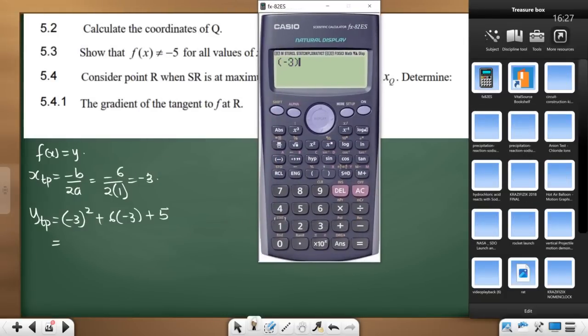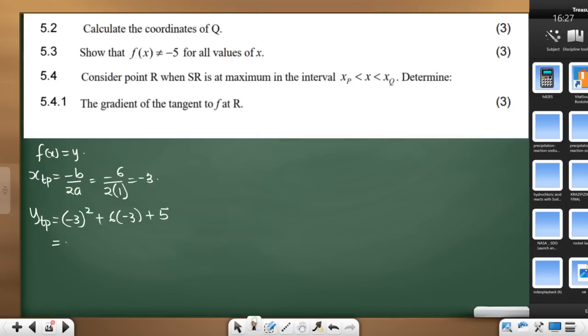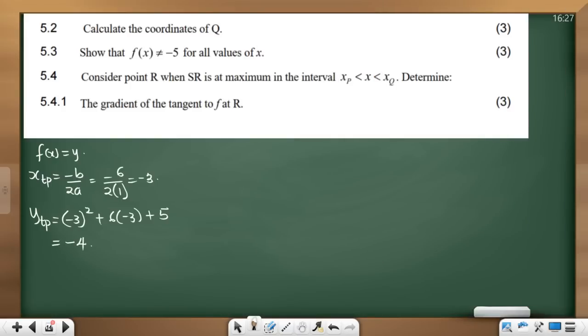Please make sure you type it the way you have written it. Some of you leave the negative outside and it will give you a problem. Negative 4. Oh, so the minimum is negative 4. Can you see? So my range: y is greater than or equal to negative 4. Y cannot be equal to negative 5.